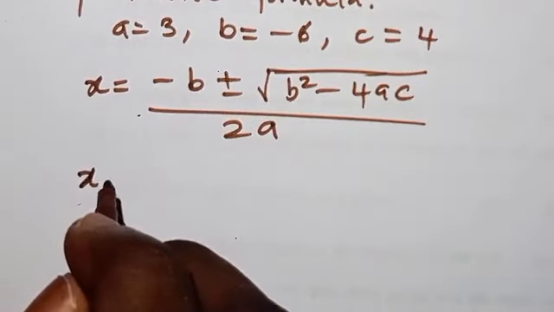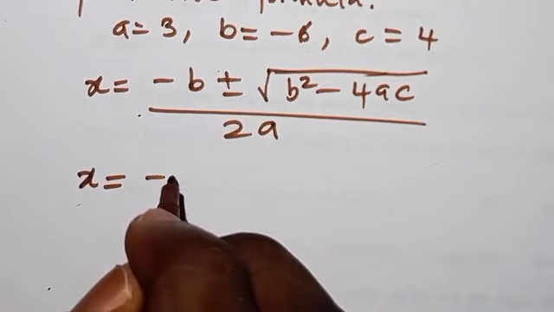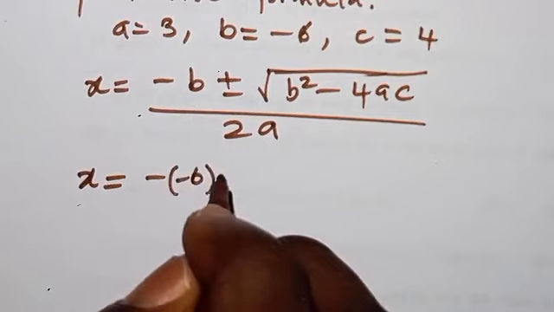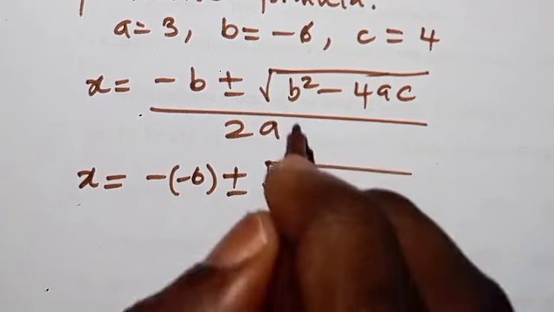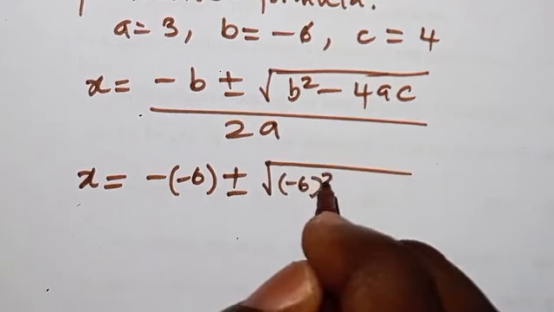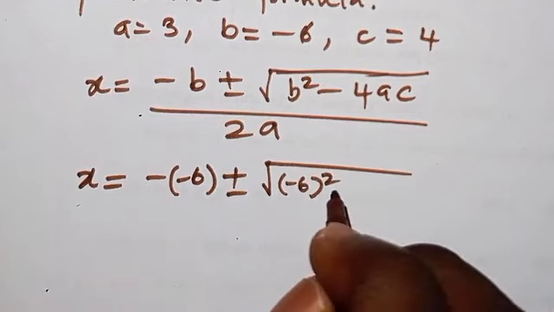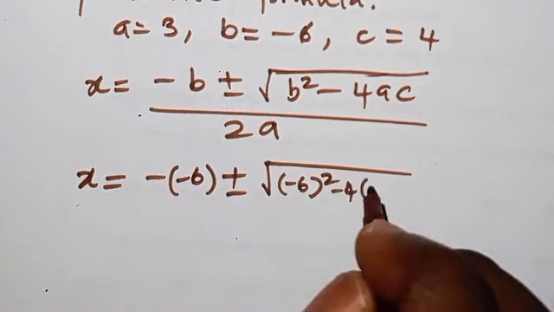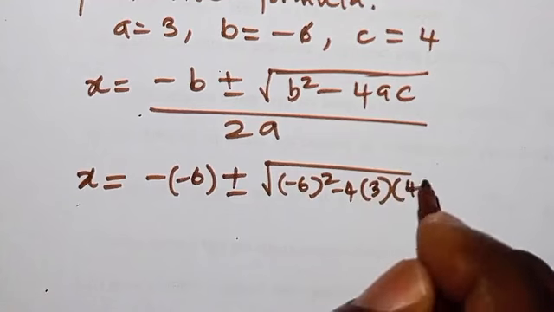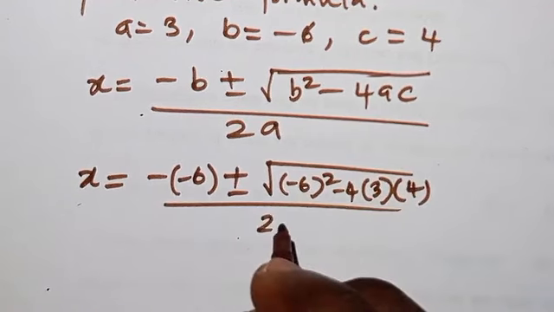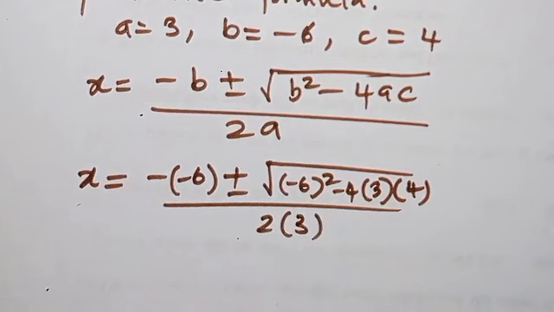So we have x equals minus minus 6 plus or minus the square root of 6 squared minus 4 times 3 times 4, all over 2 times 3.